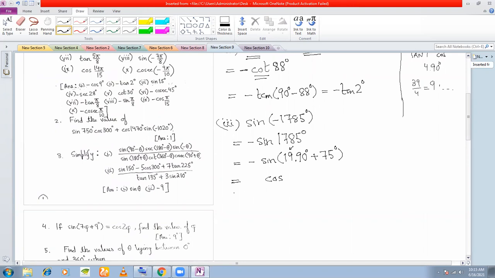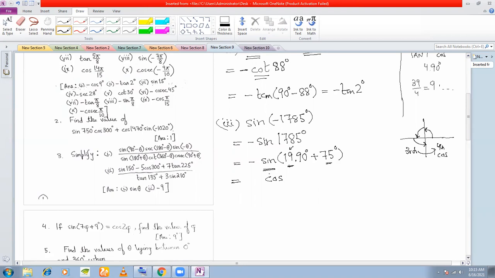Right. Now let's see which quadrant this is in. 19 means after 16 rotations, fourth quadrant. 16 rotations. This is your 17th rotation, 18th rotation, 19th rotation. Okay. So in the 19th rotation, you are in the third quadrant and you have 19 rotations plus something. That means now you have reached the fourth quadrant, right? In which cos is positive, isn't it?